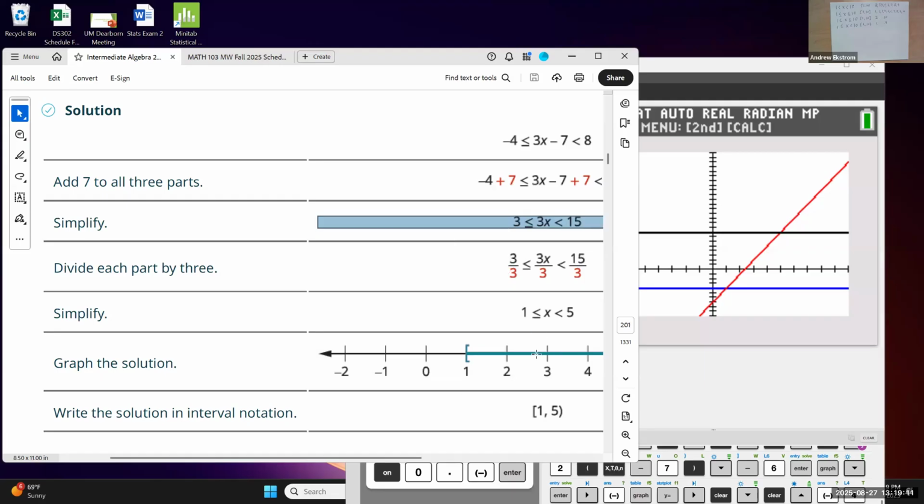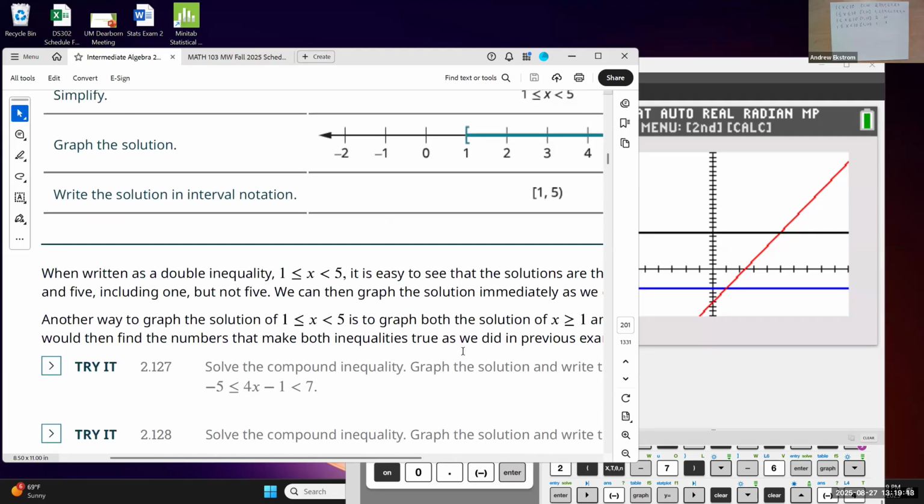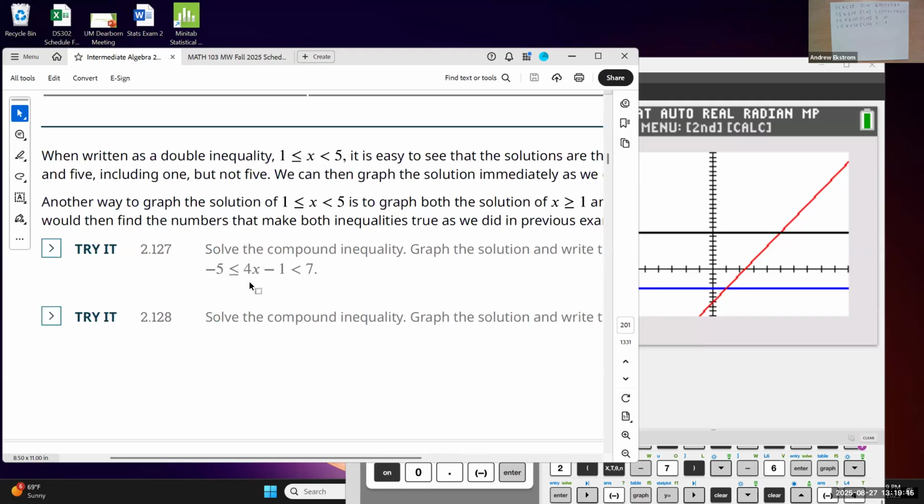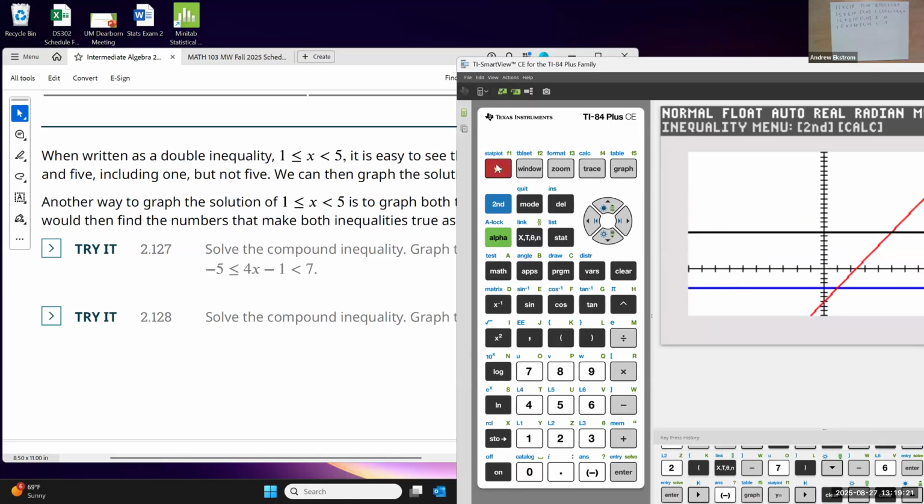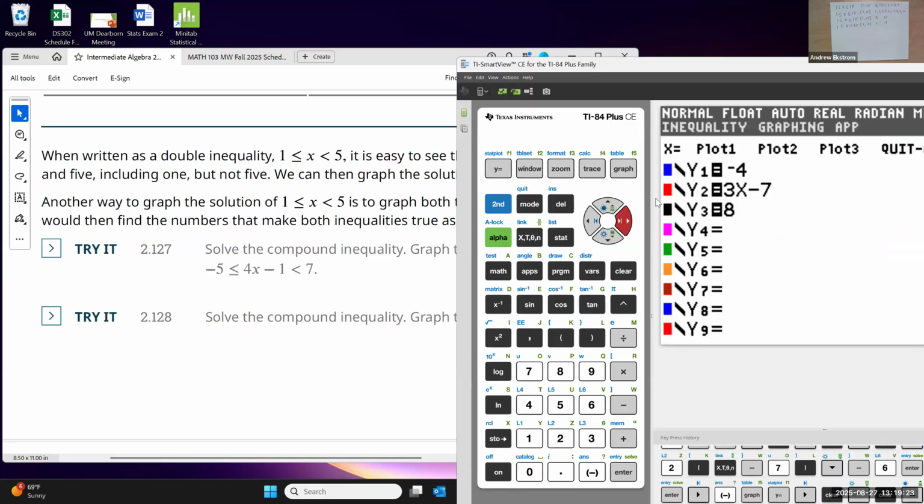So if we take a look at this problem right here, again, I'm going to graph it. The top value, -5. This is going to be 4x minus 1.